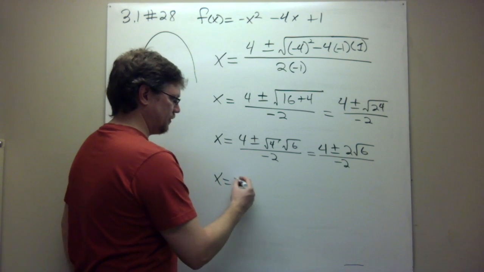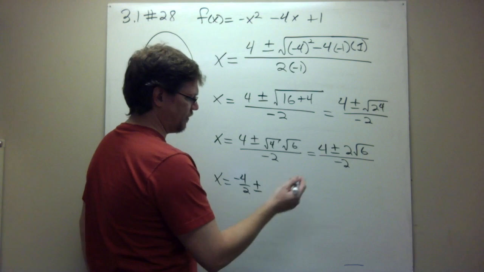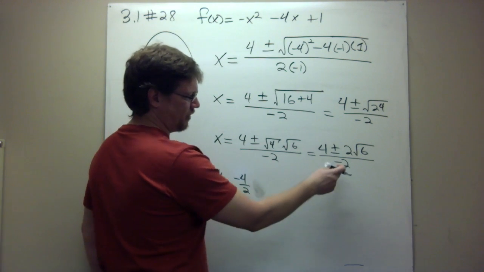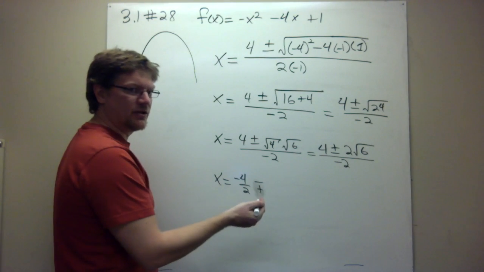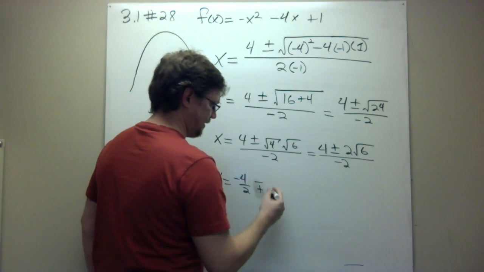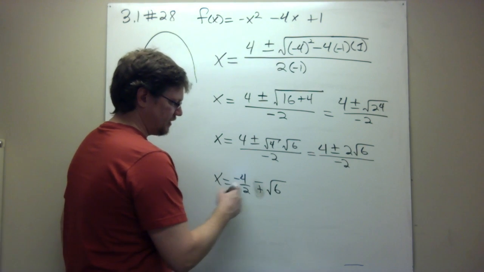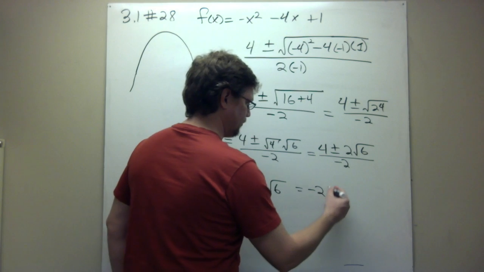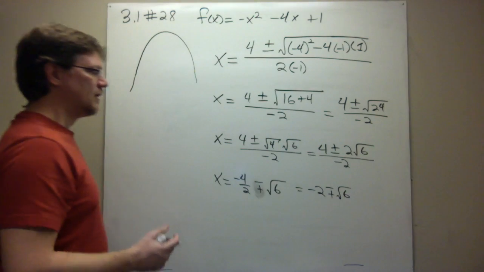X is equal to minus 4 halves plus or minus plus, right? If I incorporate this minus sign into there, it won't change which ones they are, right? But 2 divided by 2 is 1, and I get the square root of 6 left over. This is going to be minus 2 minus or plus the square root of 6.